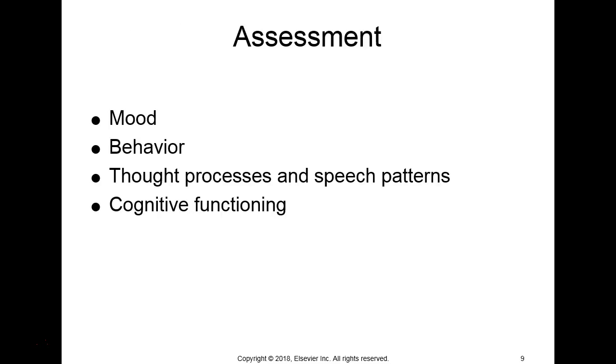So the things that we're assessing with people that have bipolar: their mood, absolutely, their behavior, their thought processes and speech patterns, and also their cognitive functioning. For their mood, if they're in the manic state, we're looking for the mood being very elated, overly happy, more high than normal.